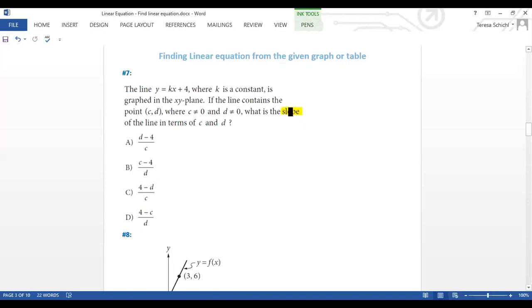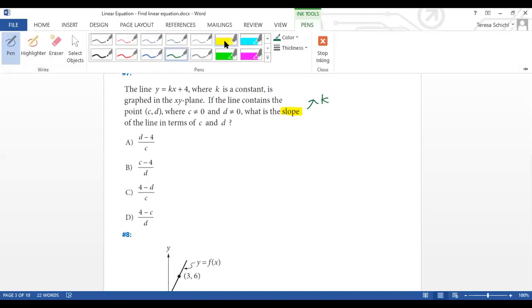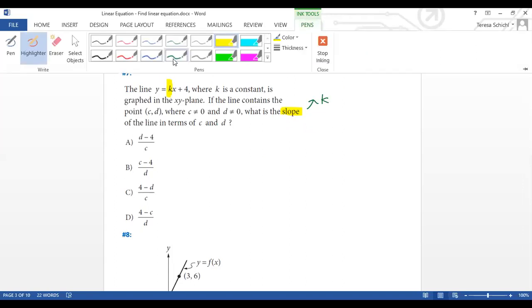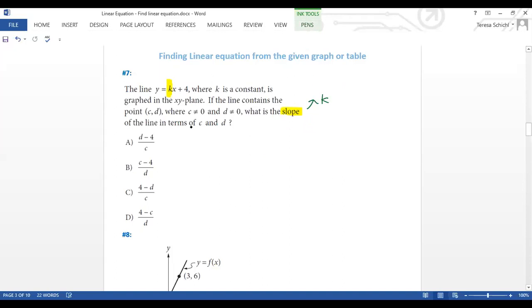They want to find the slope of the line. In y equals mx plus b, the slope is m, so in this problem the slope of the line is k. So I know the problem wants me to find k.